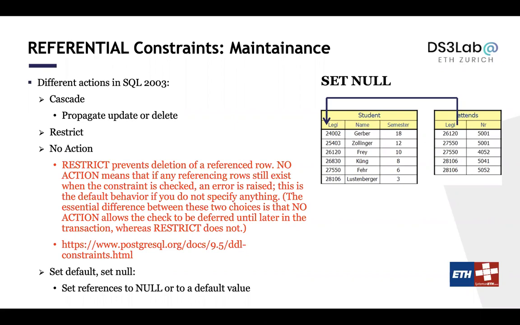If you set null and remove this, it will set this value to null, and so on and so forth. One thing to make sure you understand is that the default mode in the database is no action. If you do nothing and just specify the foreign key constraint, the maintenance mode, at least in PostgreSQL, is no action.